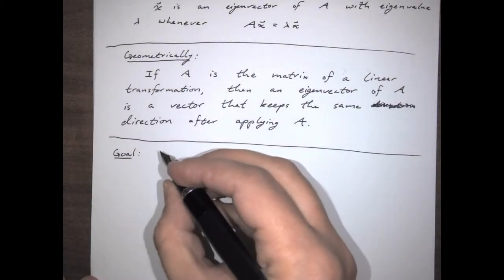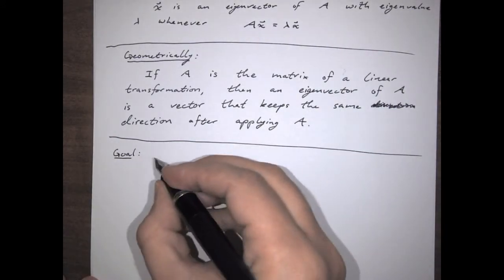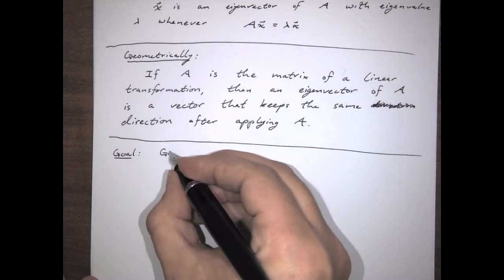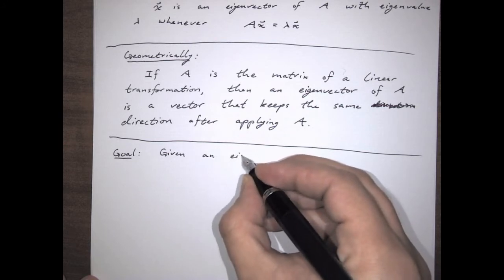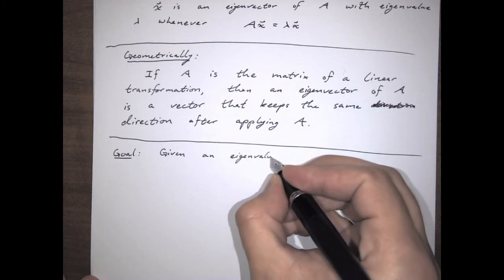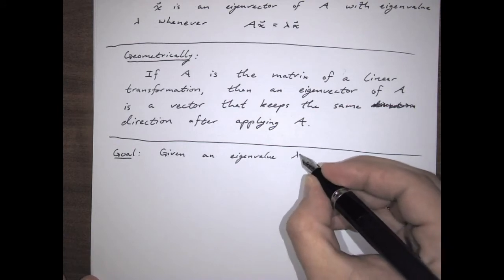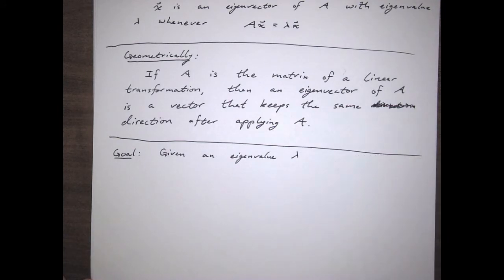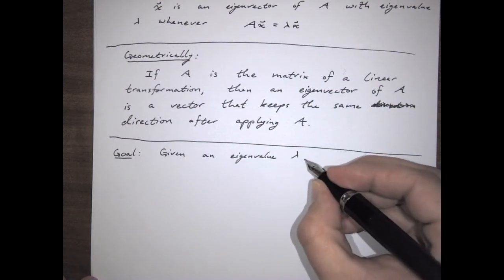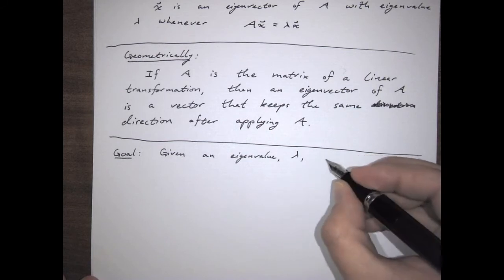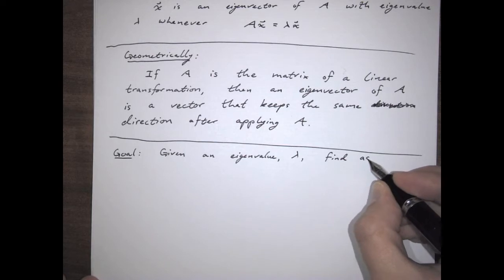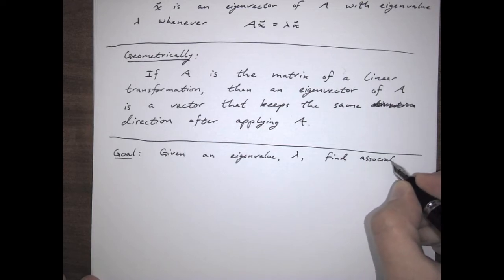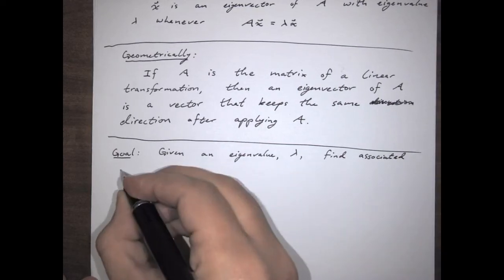So, first phase of our operations here: given an eigenvalue lambda, and lambda is the default letter that is almost universally used for eigenvalues, so given an eigenvalue lambda, find associated eigenvectors.